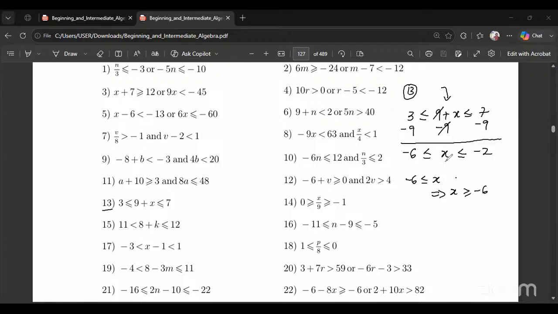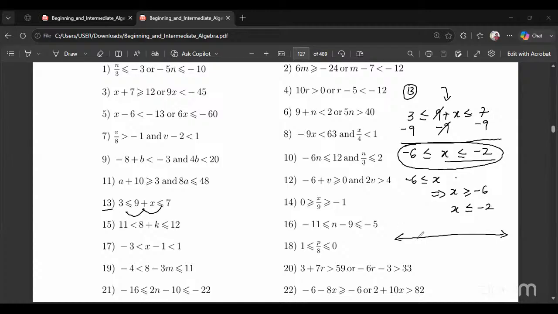And then the second inequality is this one, where we have x is less than or equal to negative 2. You can just work with this one here. I'm just trying to show you that you can also split them. Some persons might solve this problem by splitting the inequality at the central inequality to both ends. You still get the same result. So now we have the solutions to that inequality.